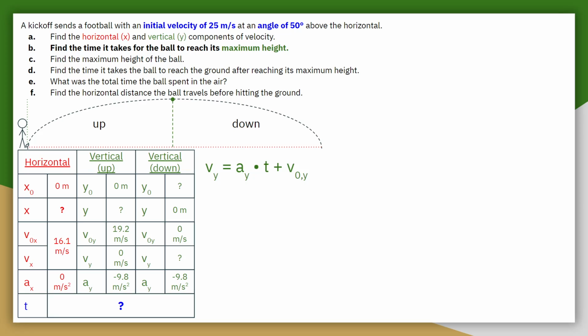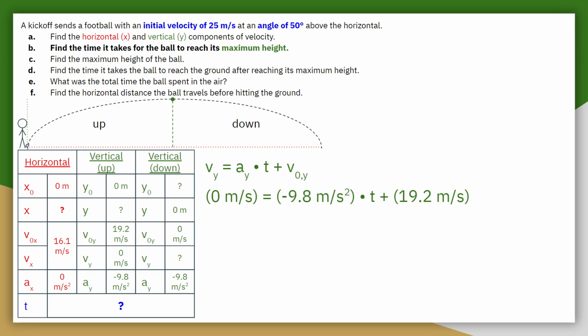We can solve for the time rather quickly using this equation, if we're just focusing on the vertical variables while the ball is moving up. Because we know the final velocity, we know the acceleration, we're looking for the time, and we know the initial velocity.